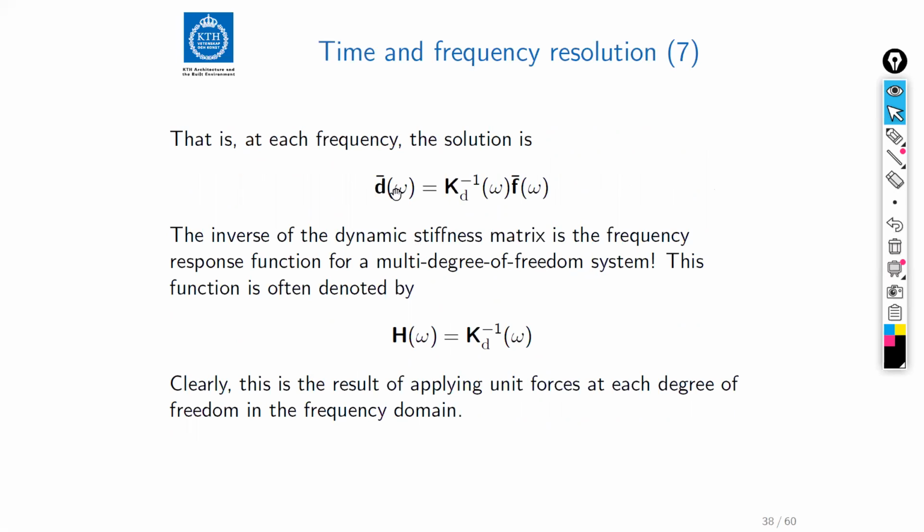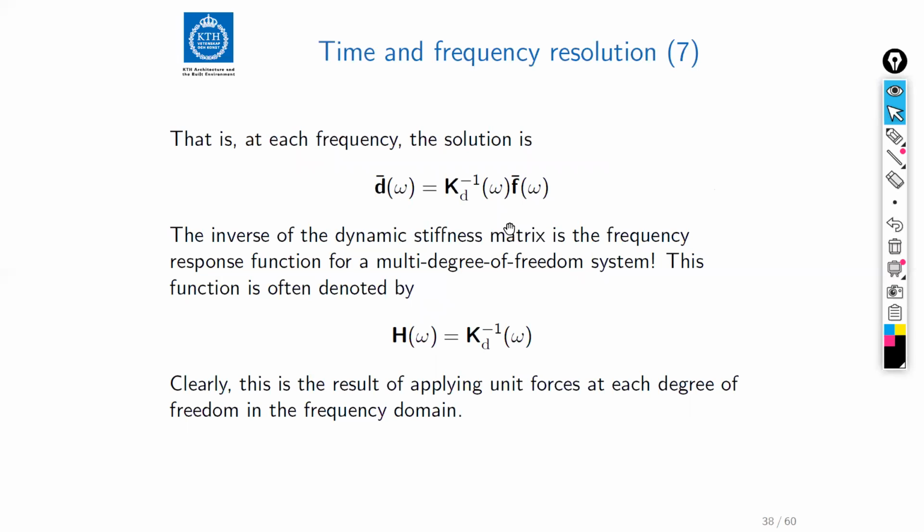So at each frequency, we need to compute this inverse somehow. But then for each frequency, we know how the system wants to behave. So this is a little bit like a continuous eigenvalue problem, really. Only that we don't just pick out the eigenvalues, we pick out everything that happens in between the eigenvalues as well. And we also pick up from this problem the damped eigenvalues and the influence of the damping on how different modes interact.